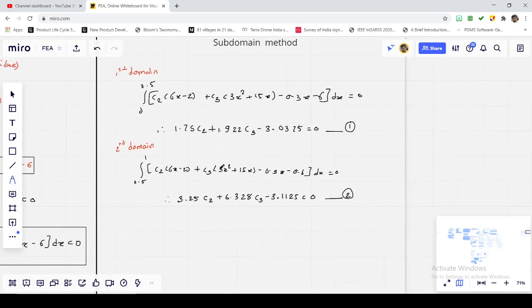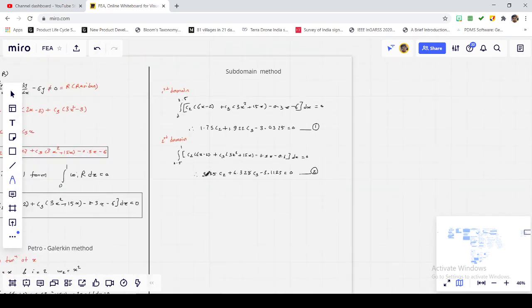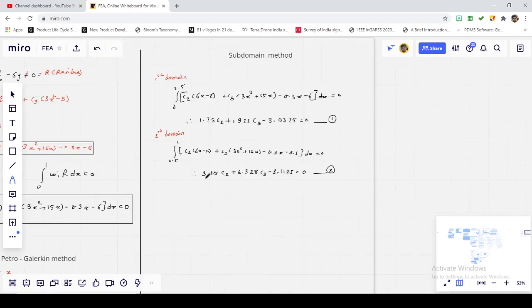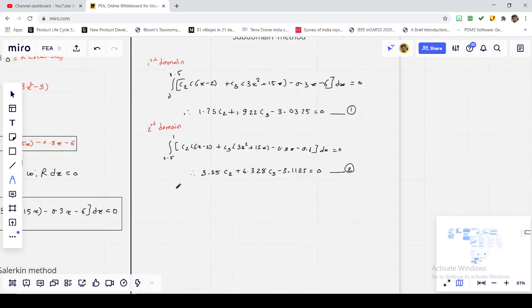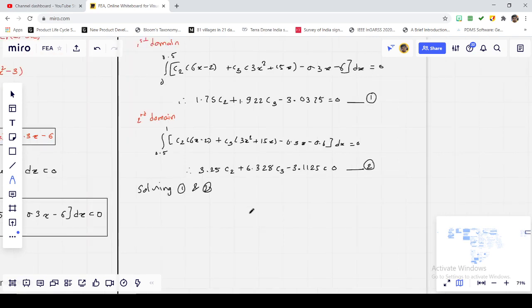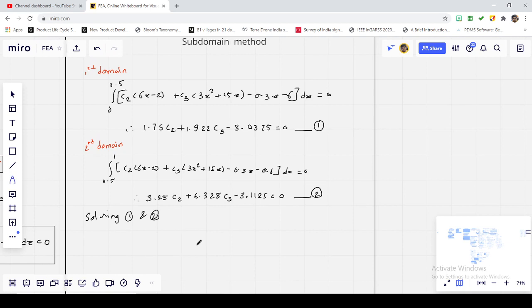Now what do we have? We basically have two equations, two unknowns. So we will be solving 1 and 2 simultaneously, and after solving 1 and 2 in a calculator, you will get c2 is equal to 2.745 and c3 is equal to minus 0.9193.